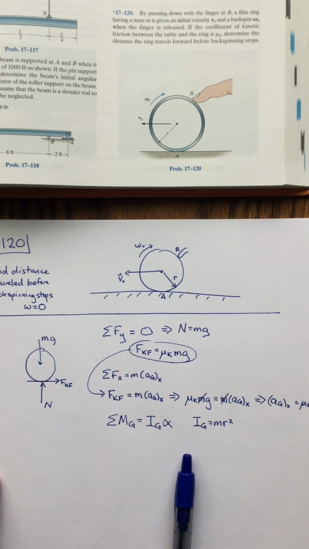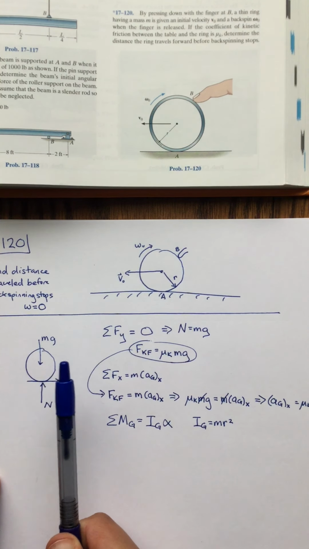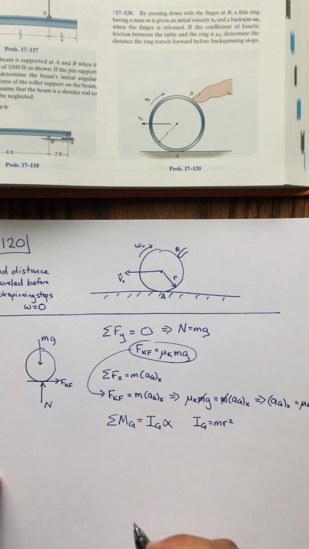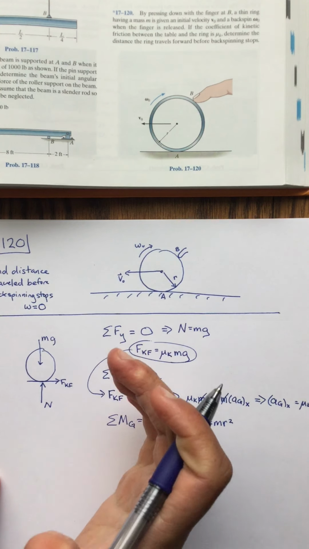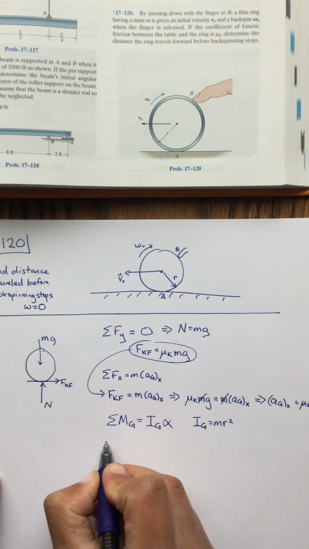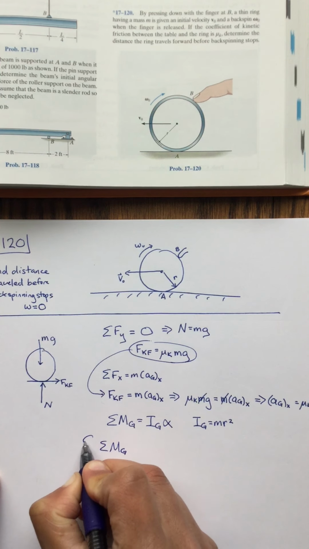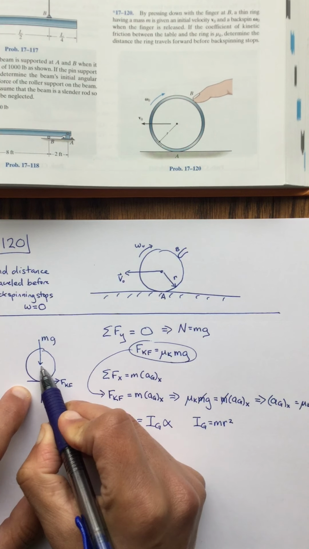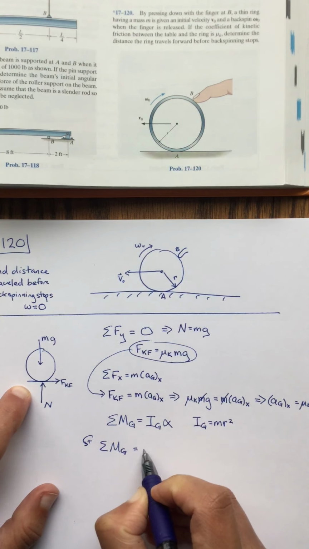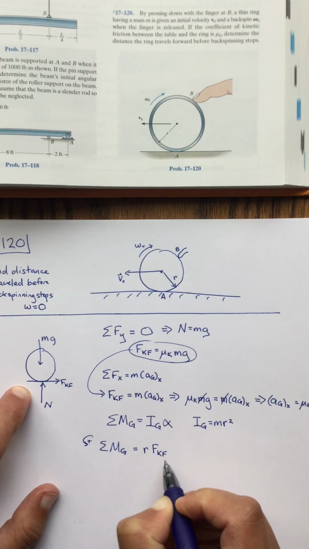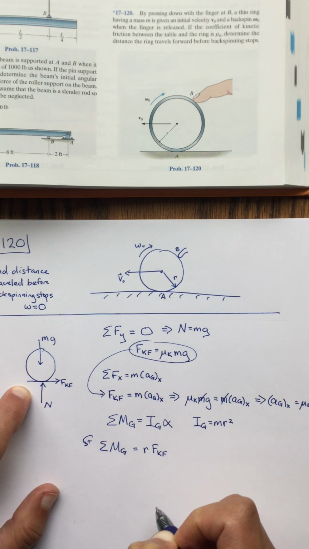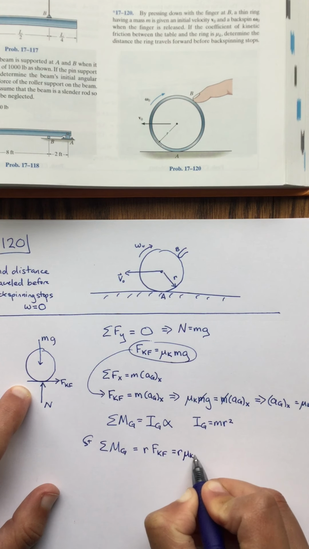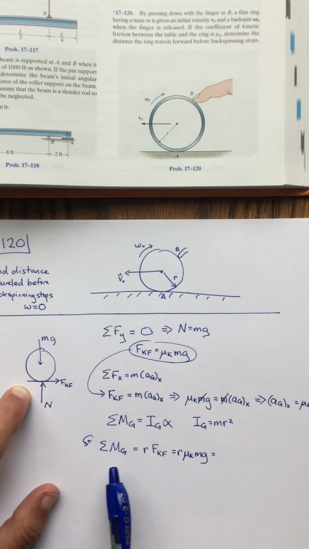Okay, so then if I look at the forces that I have here, there's only one force that gives me a non-zero moment. That's the force of kinetic friction, and that's going to cause rotation in this direction, which would be the positive direction. So I have the distance from the mass center to that force is the radius, r, times the force F_K F, which, let's go ahead and say that's mu k m g, so it's r times mu k m g for the sum of the moments.